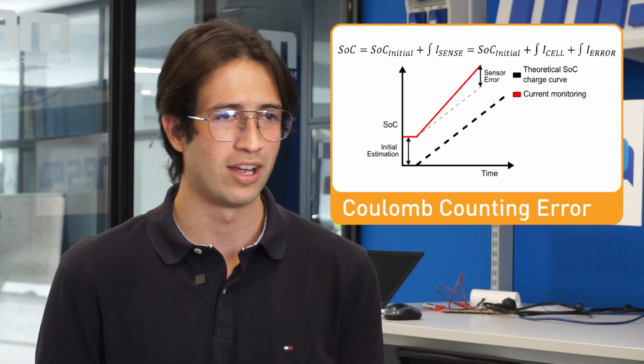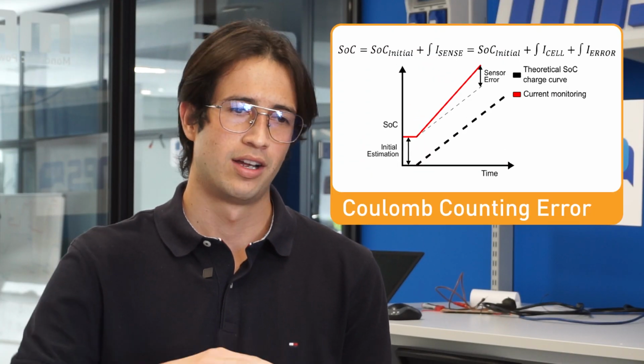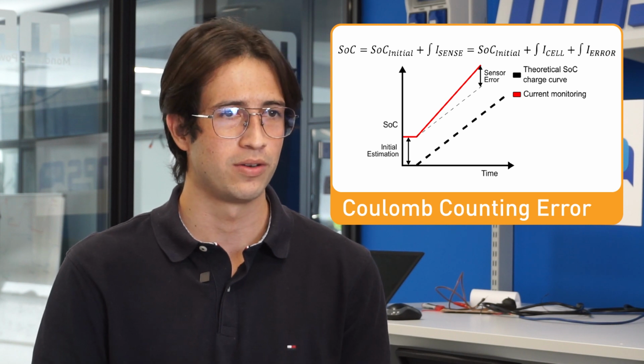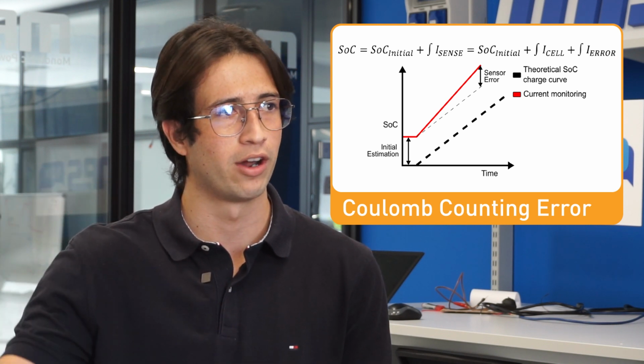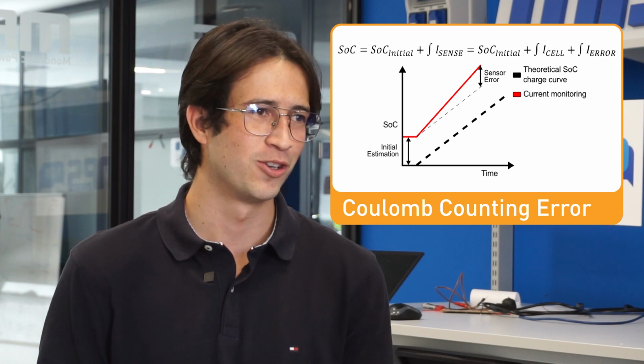It has some downsides. For example, as you are integrating the current, if you have an error in your measurement, you will be integrating this error forever. So that's not good. A lot of people try to correct this error when you are almost empty or almost full in the battery, like when you are at the boundaries. But in the middle, in the wide range, you are blinded.